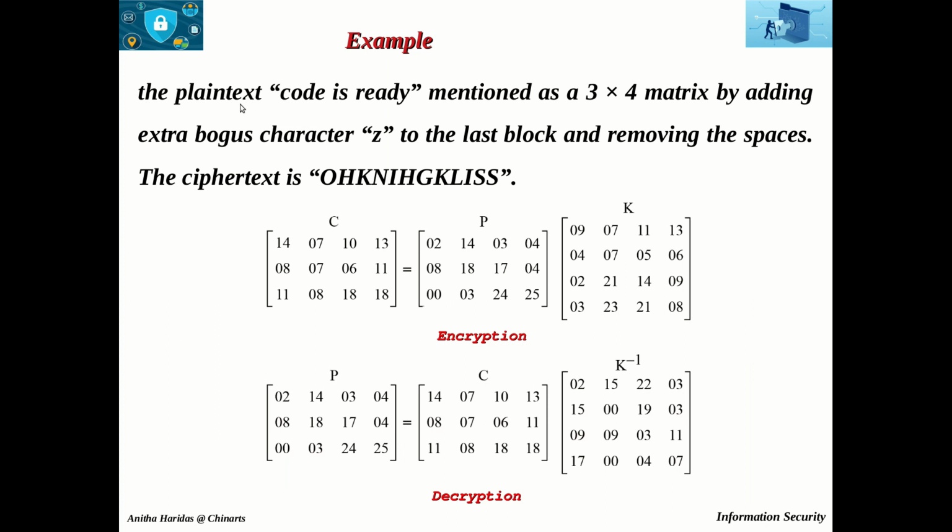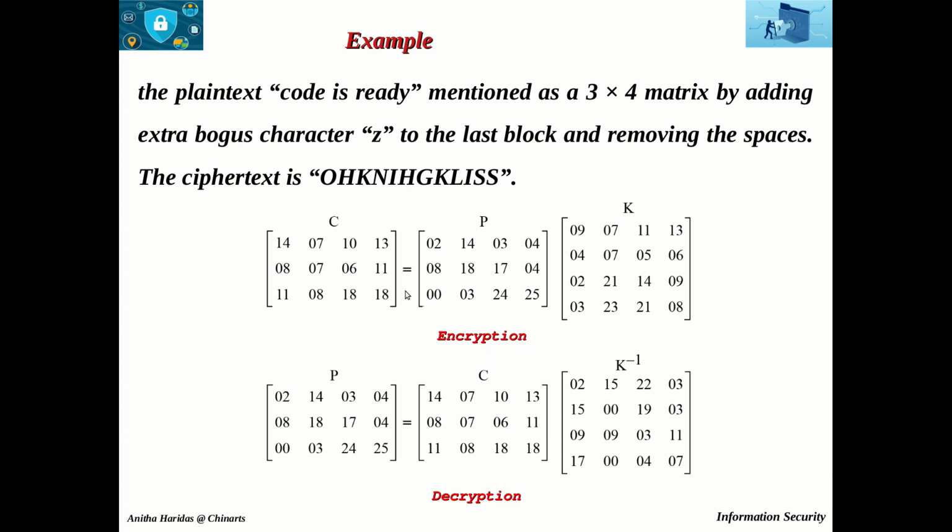Let us assume the plain text "code is ready" is written as a 3 by 4 matrix. We will be adding bogus characters if it does not fill the last block, and removing the spaces, and the ciphertext is this one, right?